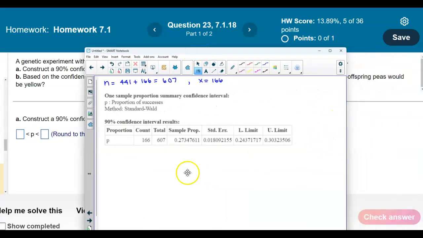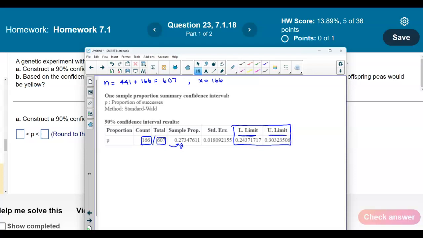Okay, so you can see here that the proportion is 166 divided by the total, which would give us this number, which represents p hat. And then this is going to represent our confidence interval, where we have our lower limit and then our upper limit.